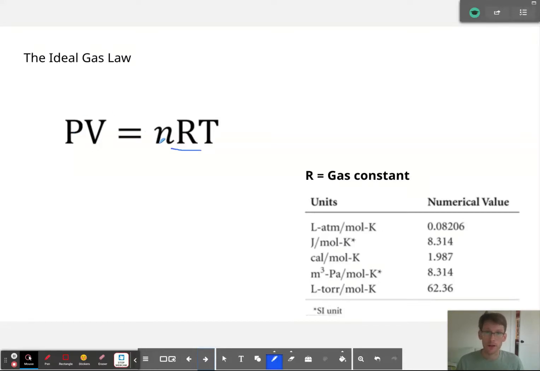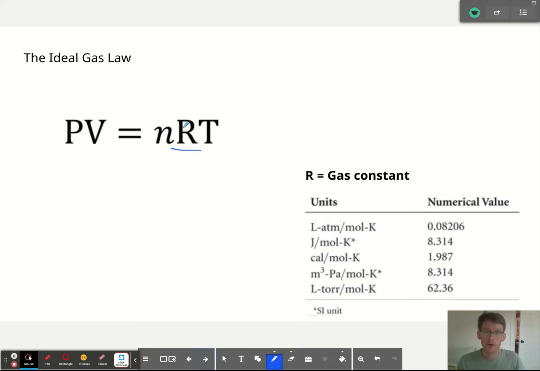We could calculate a value for N. That would be very different if we were to say that the pressure is 760 millimeters of mercury. 760 is very different from 1, and yet 1 atmosphere is 760 millimeters of mercury. So that's why we have R. It's simply to make it so that the units all work out, so that if I use 760 millimeters of mercury or 1 atmosphere, I still get the same calculation for what N is.